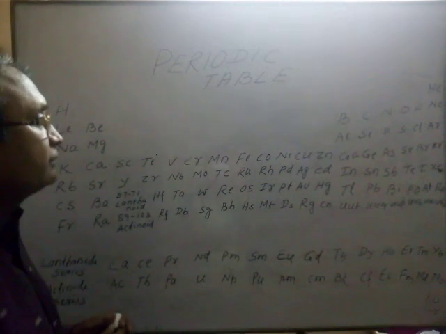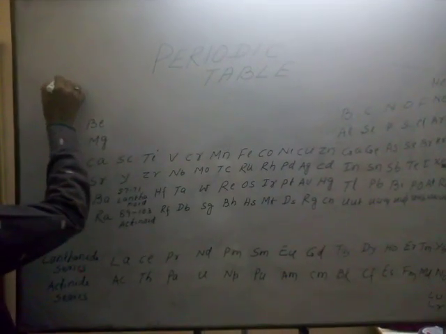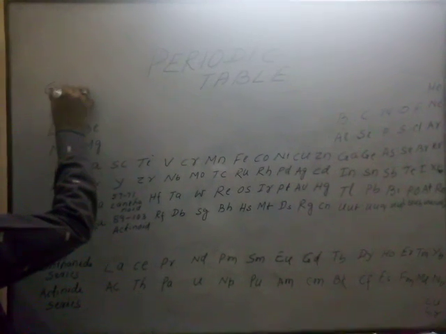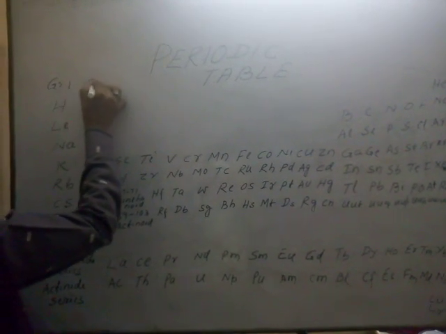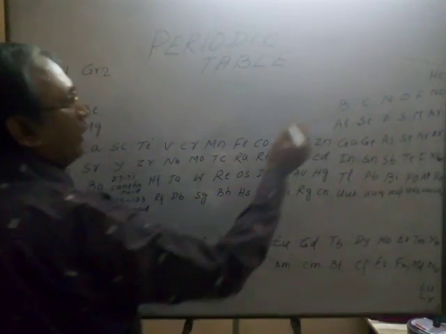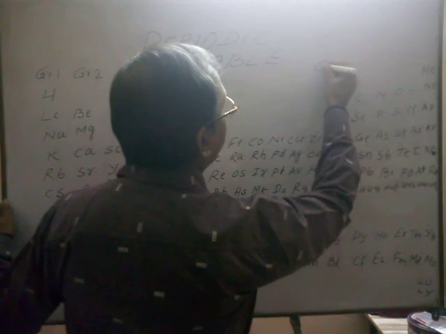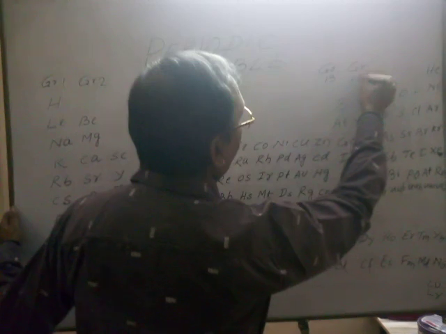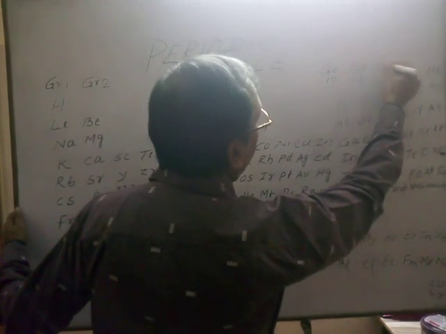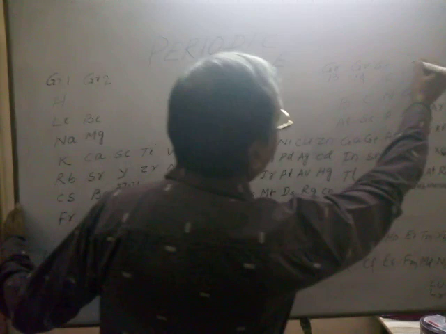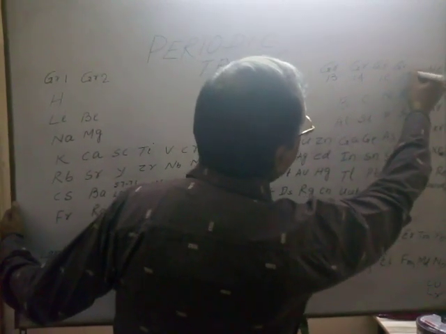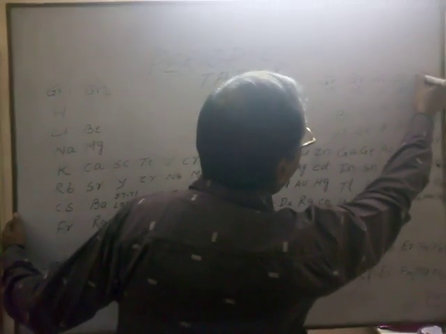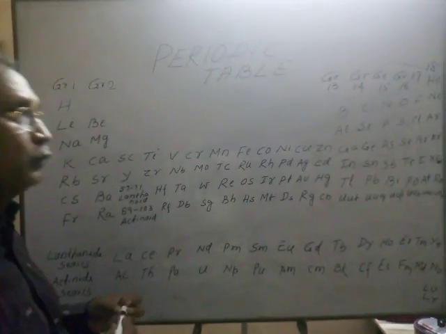If we consider this, this is our group 1, this is group 2, and like this is our group 13, group 14, group 15, group 16, 17 and 18.